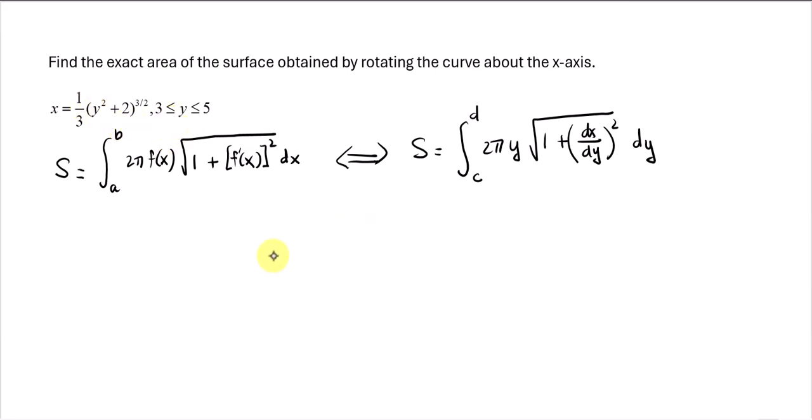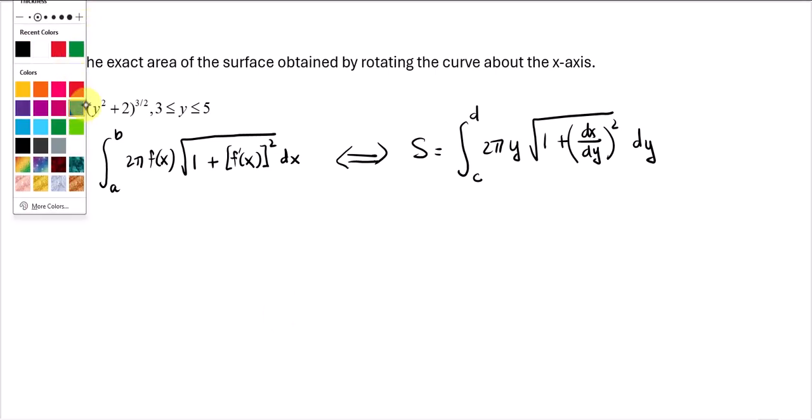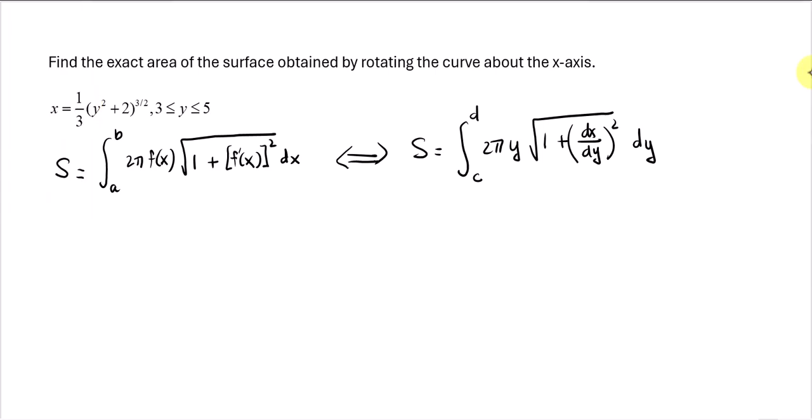Okay, so the first step that you would want to do is to find dx/dy, right? We want to take care of the stuff under the square root first, just like the arc length problem.